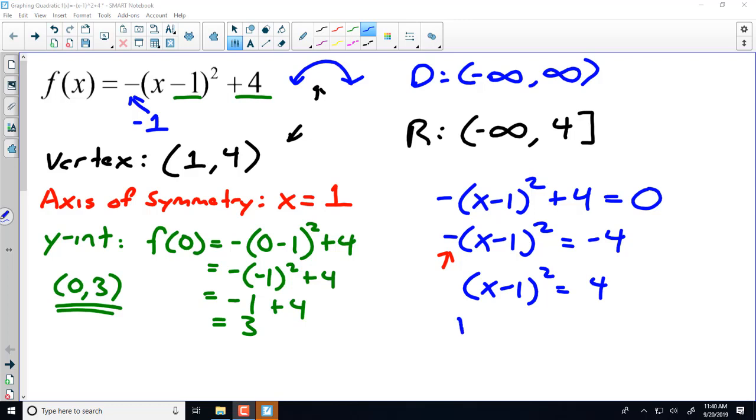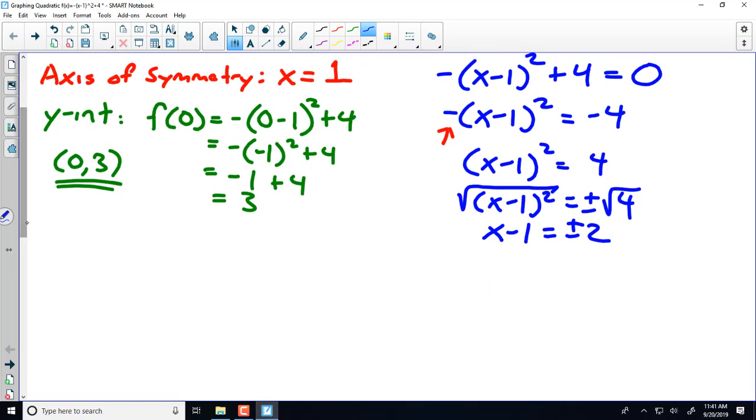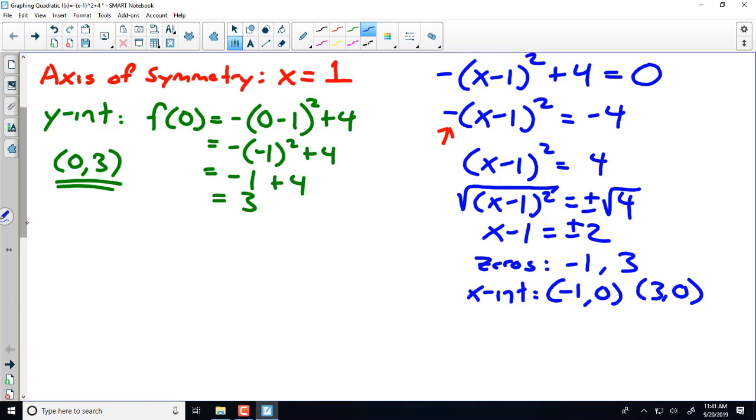Now when I apply the square root property, I'm not taking the square root of -4, I'm taking the square root of 4, as I should be. So plus or minus square root of 4, this cleans up really nicely. X minus 1 equals plus or minus 2. If we go ahead and add the 1 to both sides, we will get that our zeros are going to be -1 and 3, and therefore our x-intercepts, the ordered pairs, are -1, 0, and 3, 0.